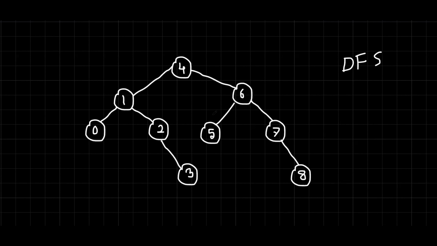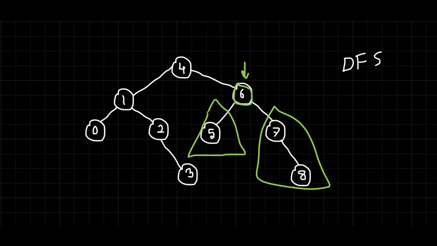Why do we traverse the right subtree first? Because as the given tree is a binary search tree, all of the values of nodes in the right subtree must be greater than the current root, and similarly, all of the values in the left subtree must be smaller than the current root.